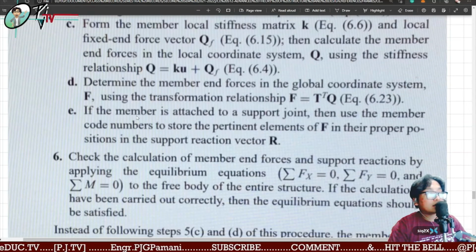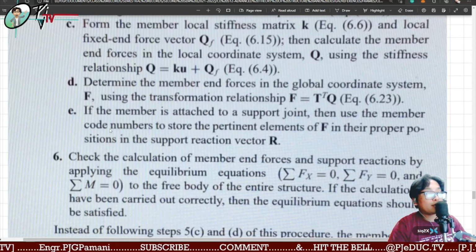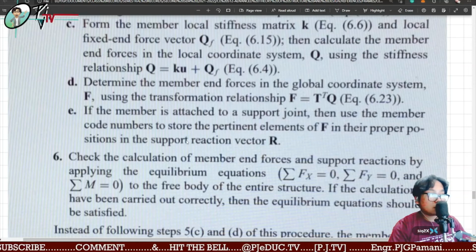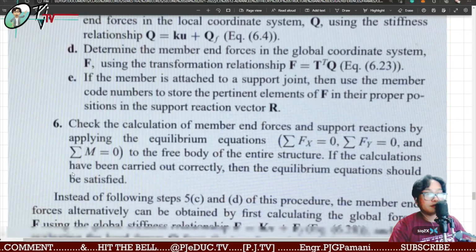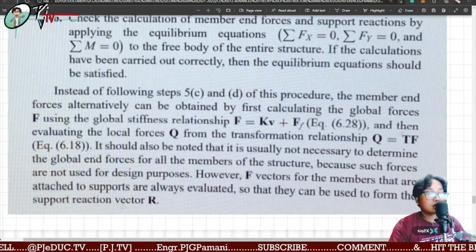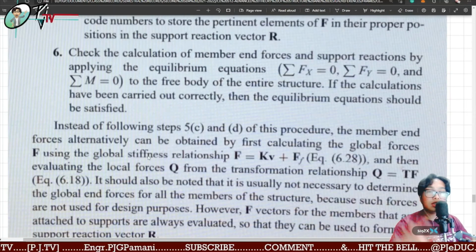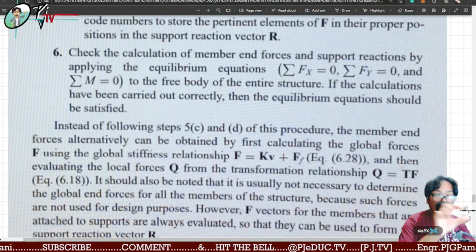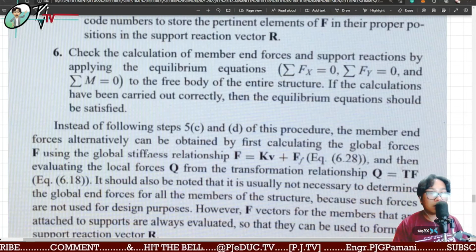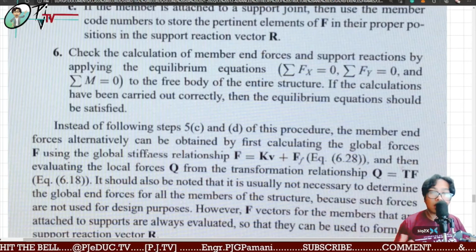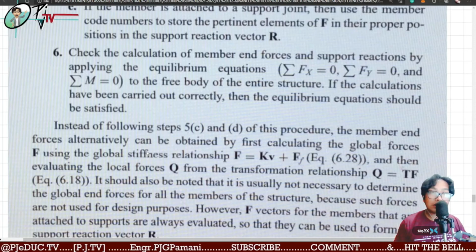If the member is attached to a support joint, then use the member code numbers to store the pertinent elements of the PF or the F. Check the calculations of the member end forces to support your reactions. How do we check that? Using the longer formula with the shortcut formula. The shortcut formula is the summation of the fixed end forces and the summation of member end forces in the global coordinate system.